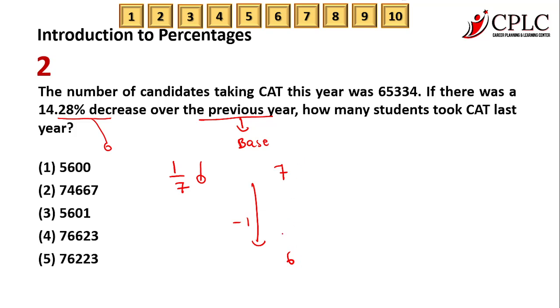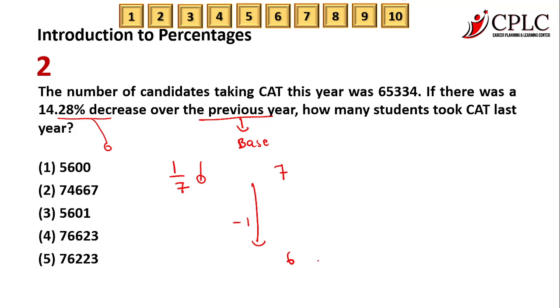Now these are all our numbers. In their system, they are saying that the number of candidates taking CAT this year was 65334, and this 65334 was a decrease of 14.28% that has happened on the base of last year. Obviously, last year's number should be higher and current year's number should be smaller.